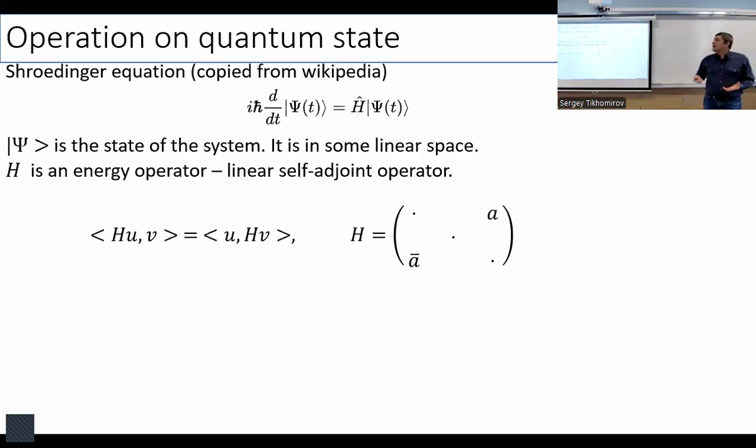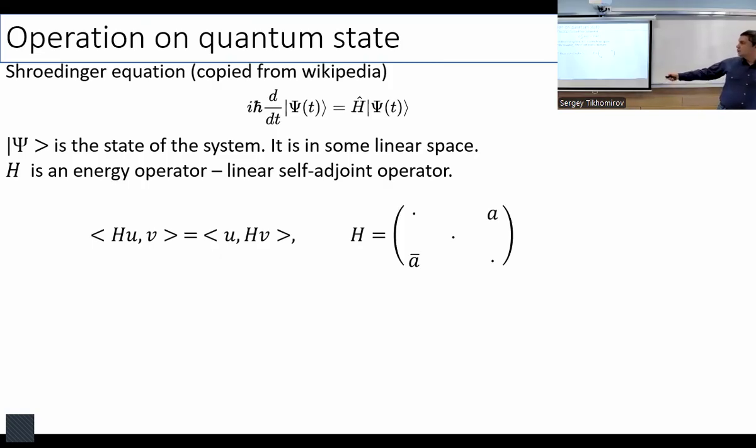And H here is what they call the energy operator. By quantum mechanics, the energy operator is a linear self-adjoint operator. I don't motivate this, I just say it is a linear self-adjoint operator.